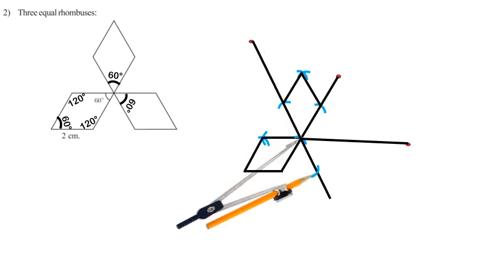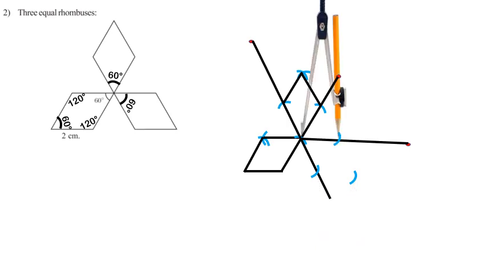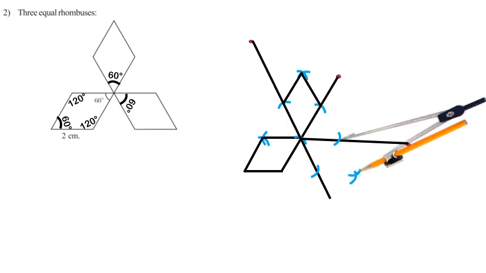Then again take 2 centimeters in our compass and draw arcs like this. Then join these intersecting points. We get the third rhombus. Then erase the unwanted parts. We get the required pattern.